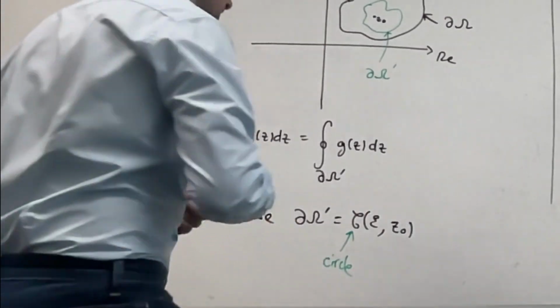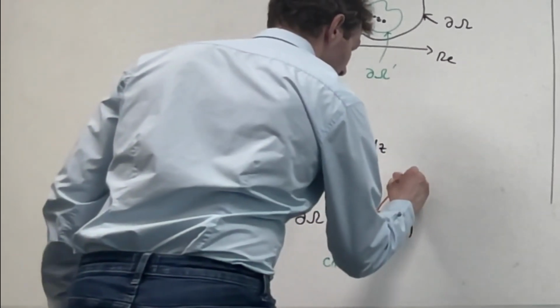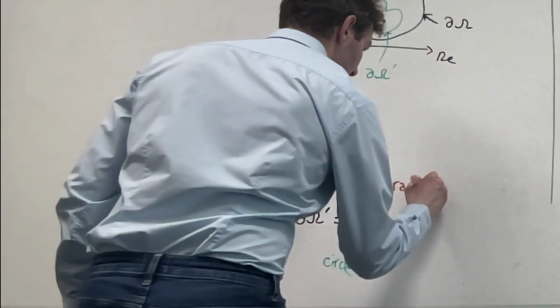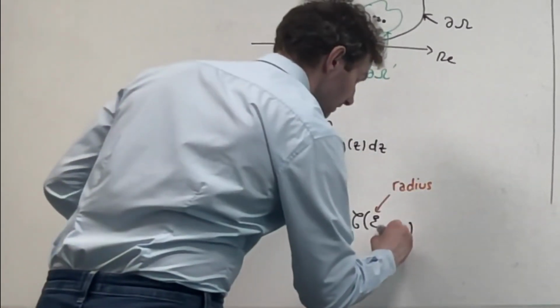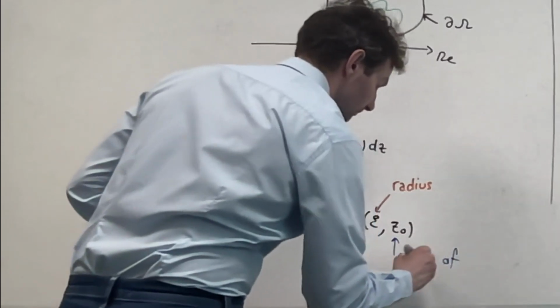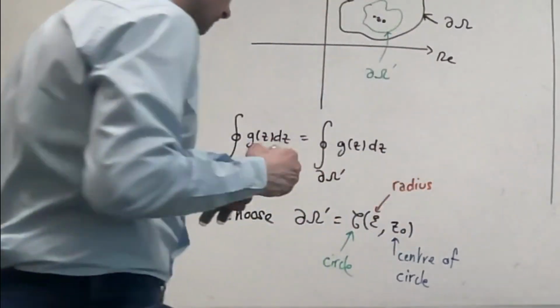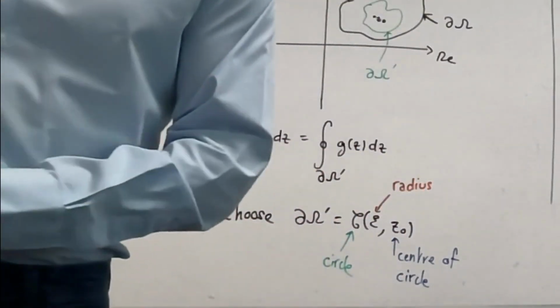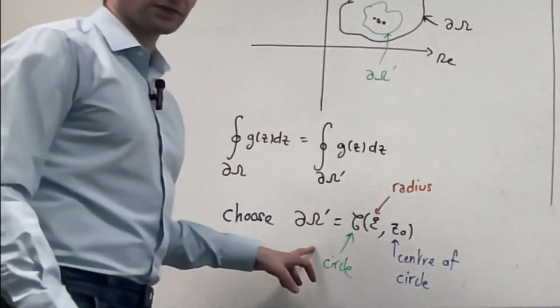Then this is the radius of that circle. And this thing here is the center of the circle. There are plenty of ways to write these things.